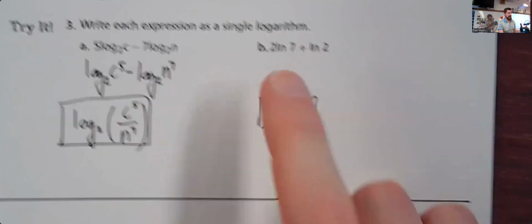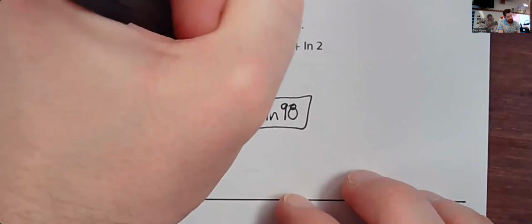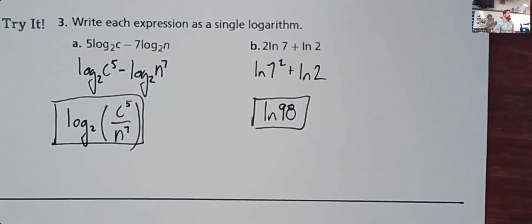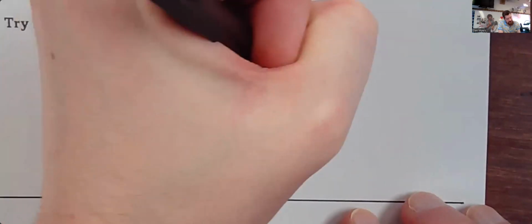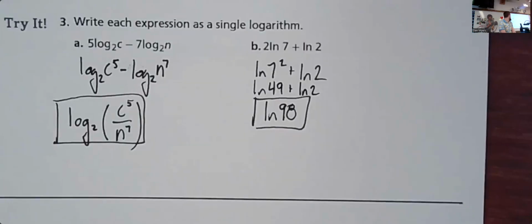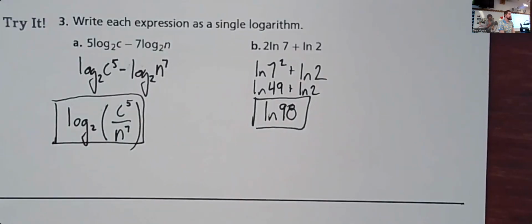This first one here would be ln 7 squared plus ln 2. 7 squared is 49, and 49 times 2 is 98. That's ln 49 plus ln 2, which gives you ln 98. Are there questions on either A or B?